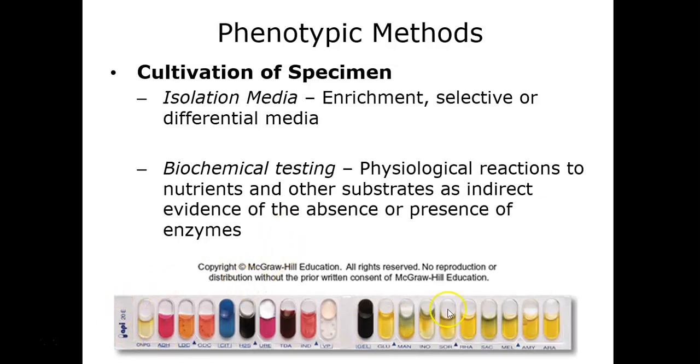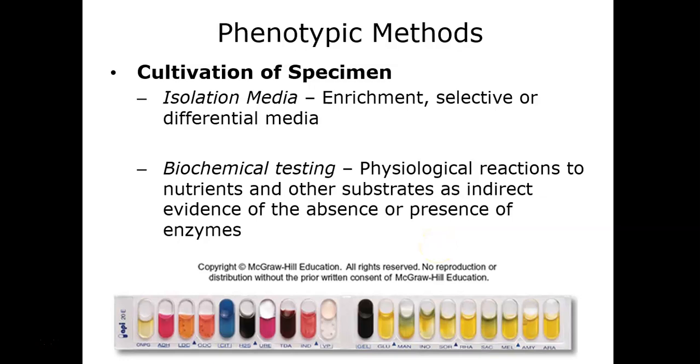You'll notice this strip down here, which is basically one long tool that has all of these different compartments with a different test in them. Basically, you take this needle with bacteria on the tip, and you push it through all of these compartments to inoculate each compartment with a sample of the bacteria.